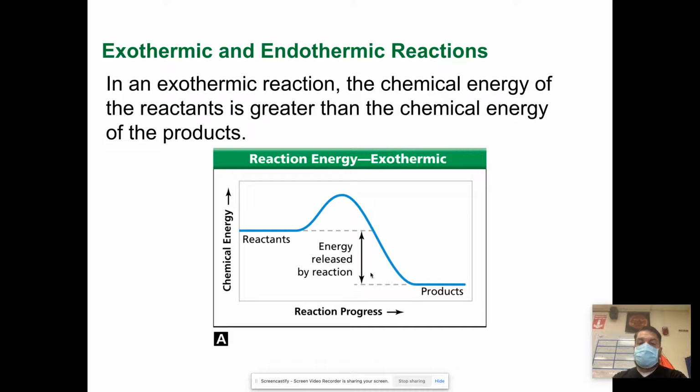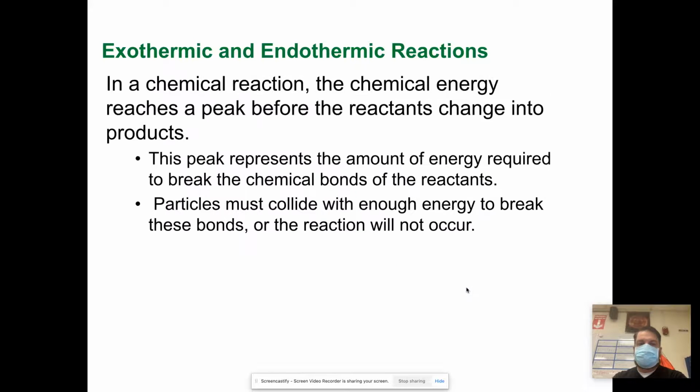So this gap right here is the energy being released by the reaction. So when I have propane gas and oxygen sitting still, boom, spark, boom, chemical reaction takes place. A ton of energy is released when the products are formed. In a chemical reaction, the chemical energy reaches a peak before the reactants change into products. A bunch of bonds are being broken. Okay? This peak represents the amount of energy required to break the chemical bonds of the reactants.